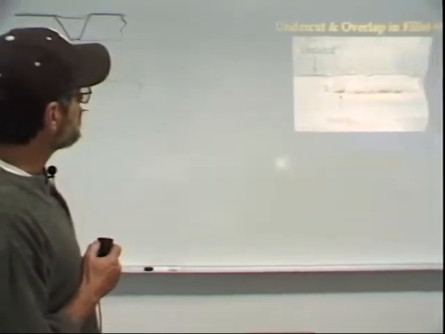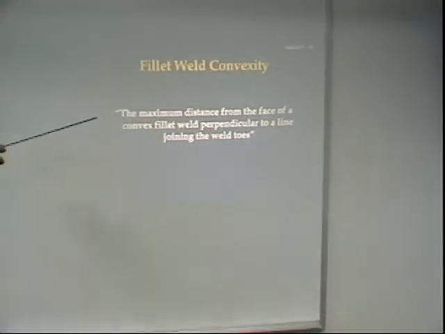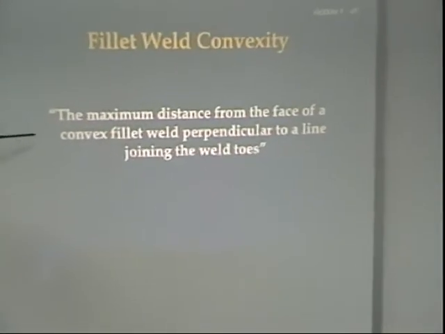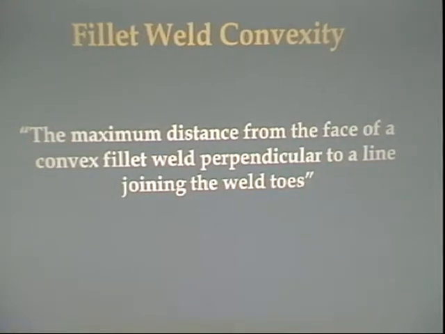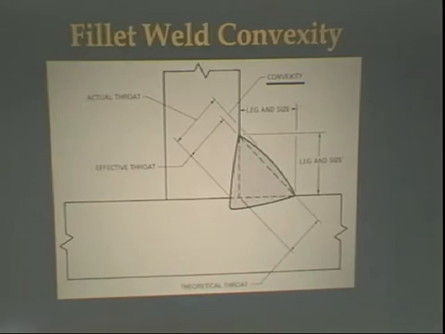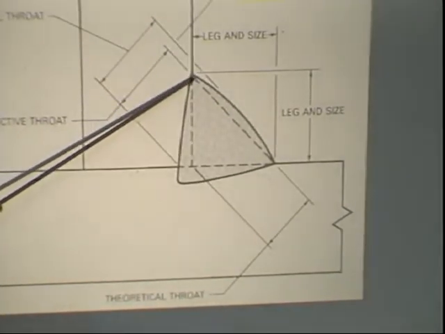So, let's get past that. This is your definition, the maximum distance from the face of a convex fillet weld perpendicular to a line joining the toes. I don't know if I have a slide of that. Yes, I do. Good. So here would be the face, and here's a toe, and here's a toe.